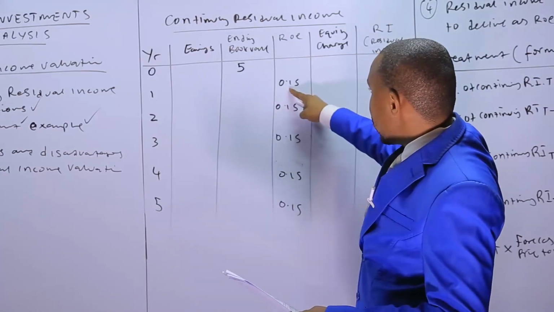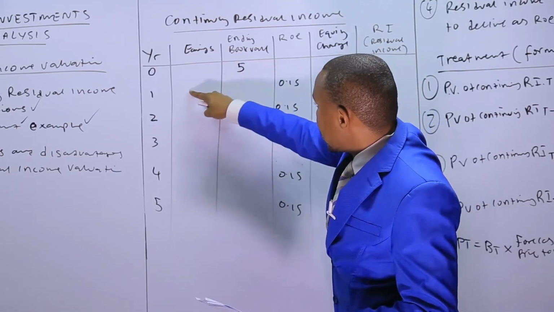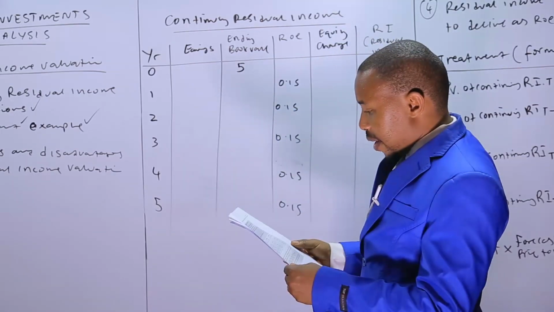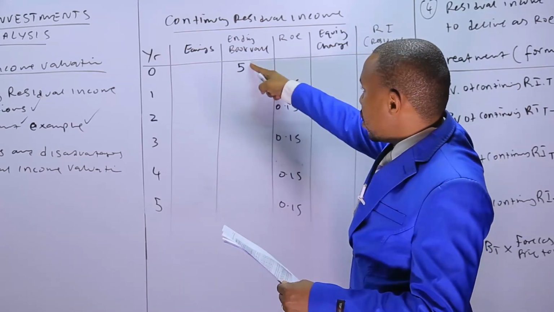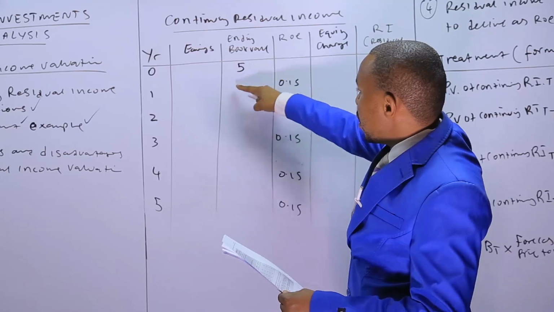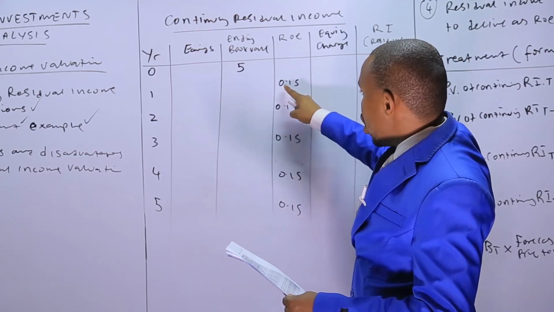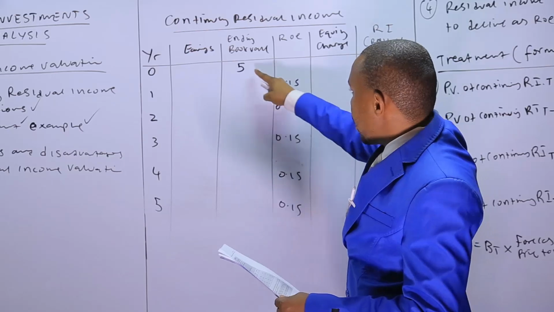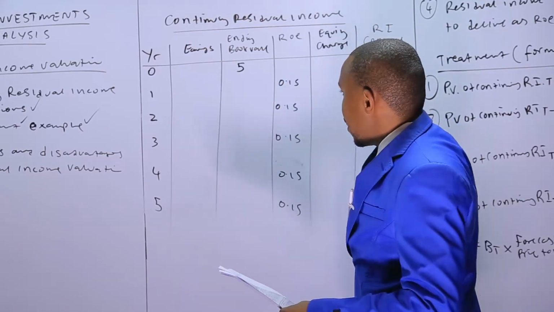So it's just ROE times the ending book value right over here that gets the earnings. Now the ending book value in year 0 becomes the beginning book value in year 1. It might seem that I'm not doing the correct thing, but when you multiply 0.15 by this ending book value, we get the forecasted earnings right over here.